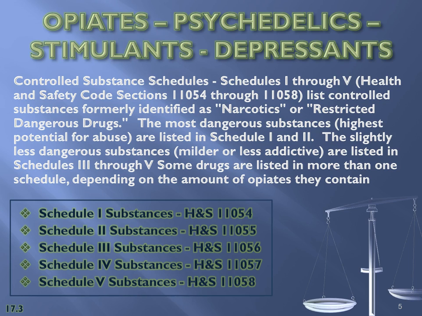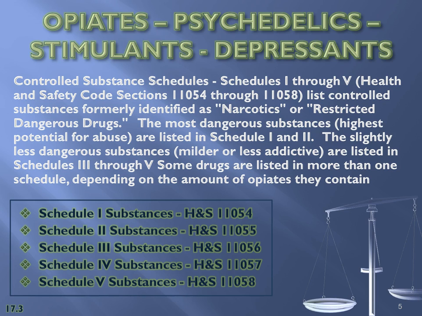controlled substance schedules, schedules 1 through 5 of the Health and Safety Code, which are 11054 through 11058. This lists controlled substances formerly identified as narcotics or restricted dangerous drugs. The most dangerous substances or highest potential for abuse are listed in Schedule 1 and 2.